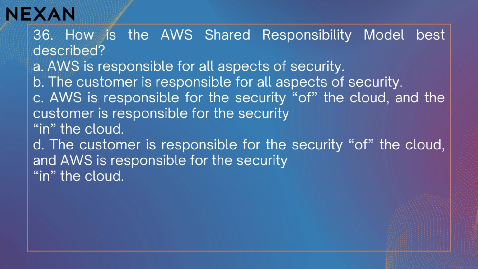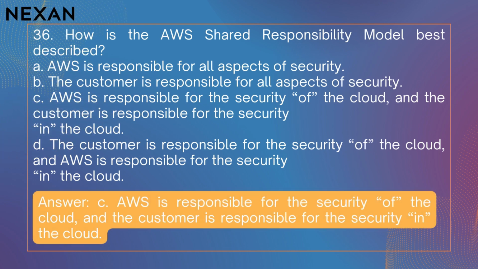D. The customer is responsible for security of the cloud, and AWS is responsible for security in the cloud. Answer C. AWS is responsible for security of the cloud, and the customer is responsible for security in the cloud.